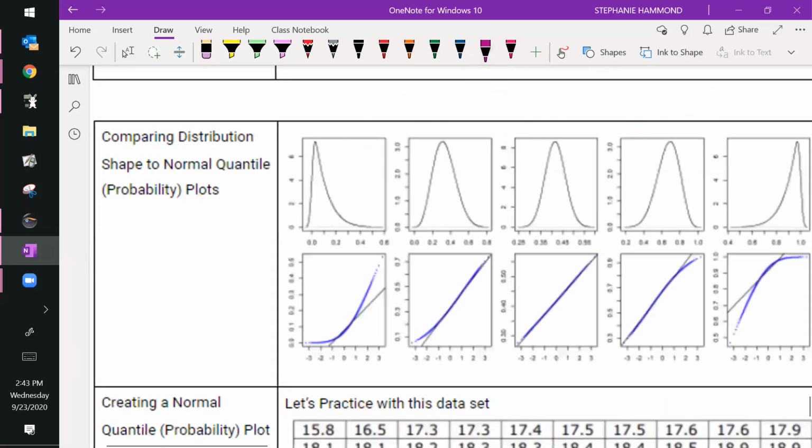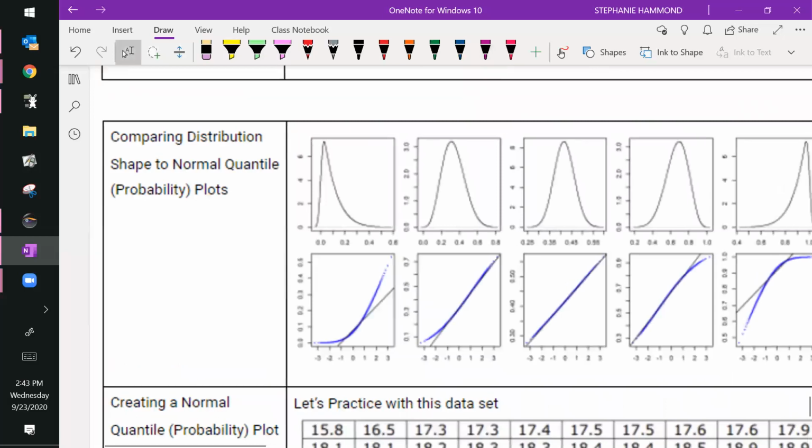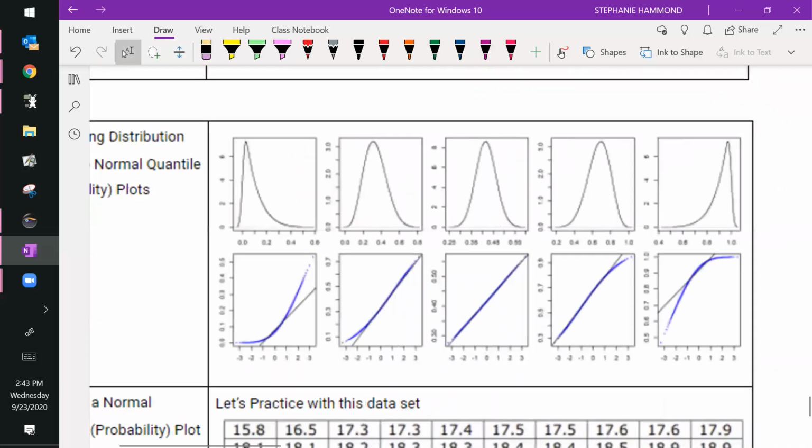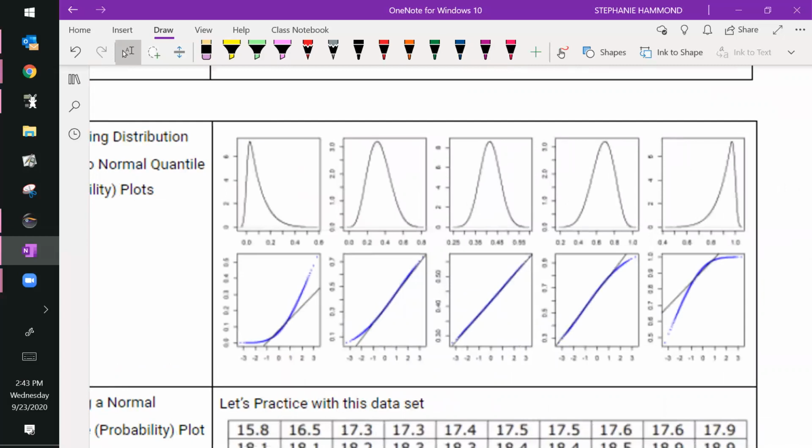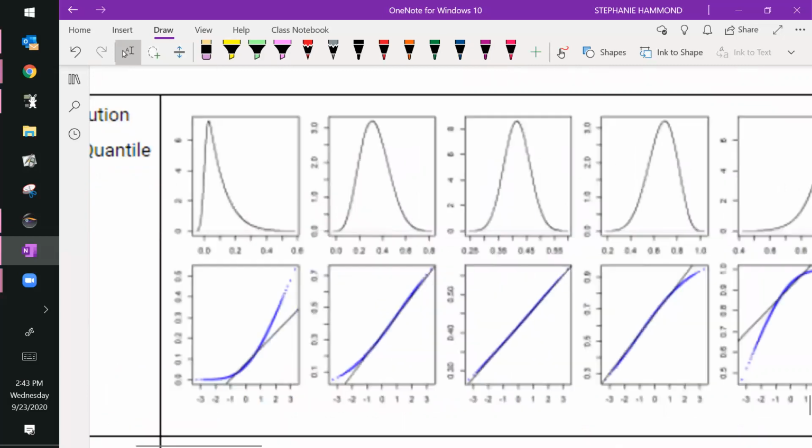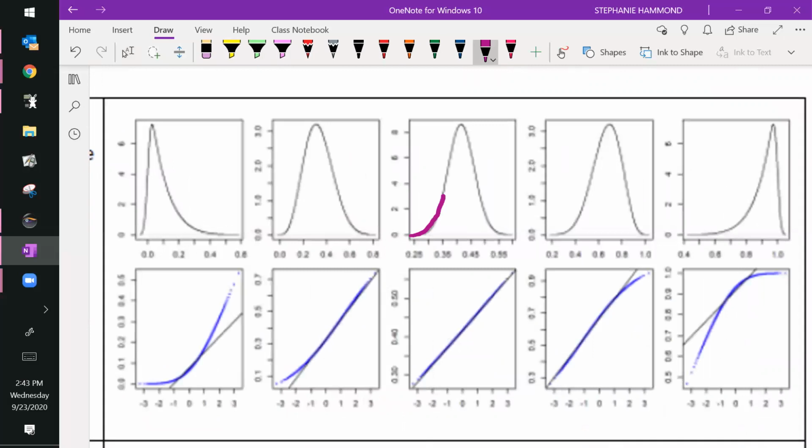So let's look at the different variations of these normal quantile plots or normal probability plots. As I said before, a perfectly normal distribution that is symmetrical and bell-shaped and follows the empirical rule is going to have a probability plot or a quantile plot that is perfectly linear. And you can see here, that is the case. They form a perfect straight line. As we move to a skewed distribution, right and left, you can see how that changes.